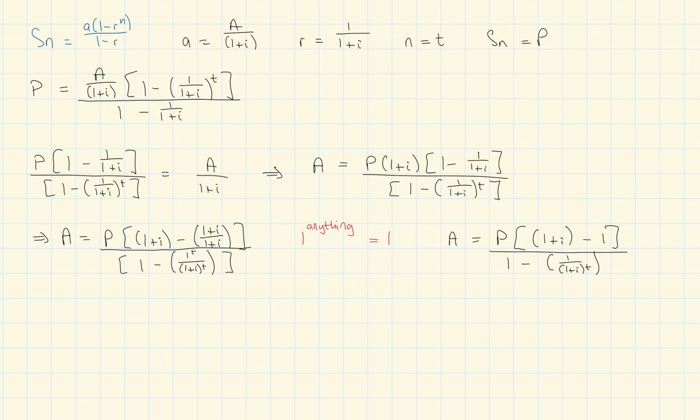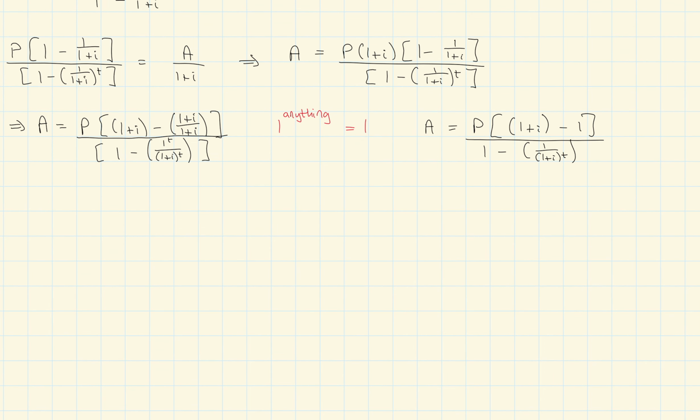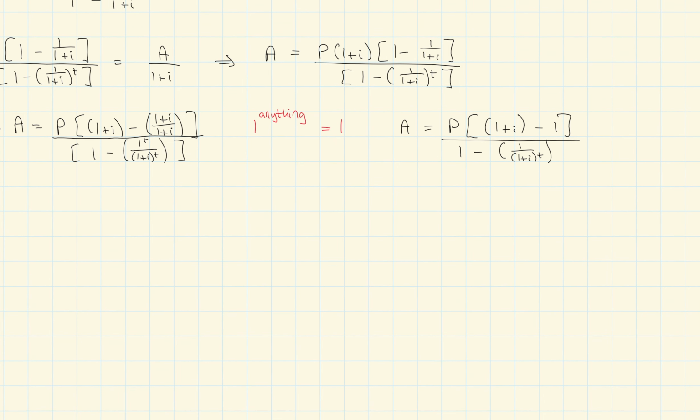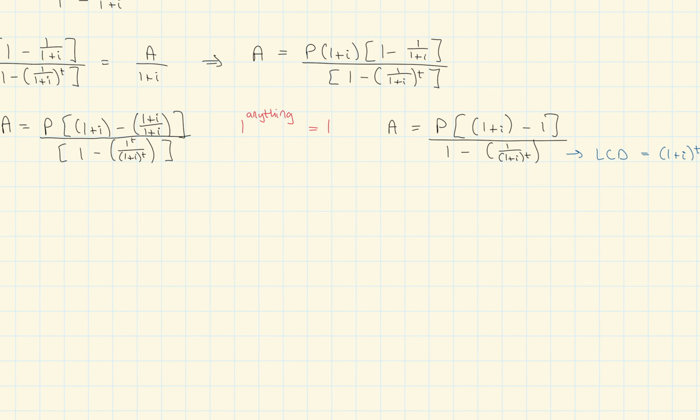Okay, so we've got a little bit further. We're just not quite where we need it to be. So we have a look at the denominator because we have a bit of work to do there. So we need an LCD, and that's going to be 1 plus I to the power of t.